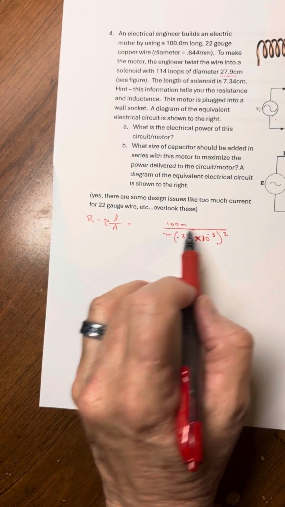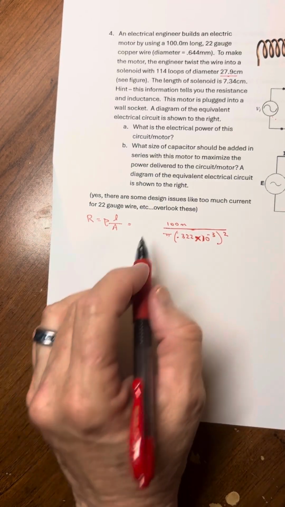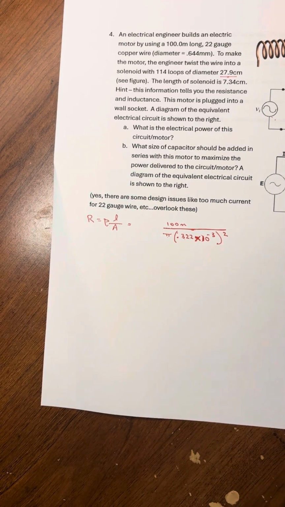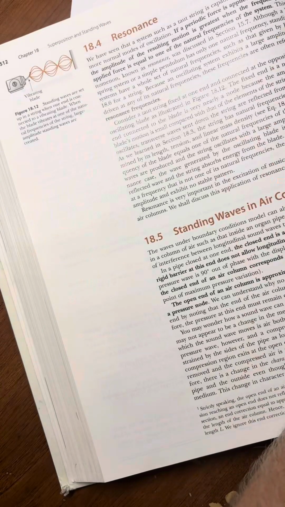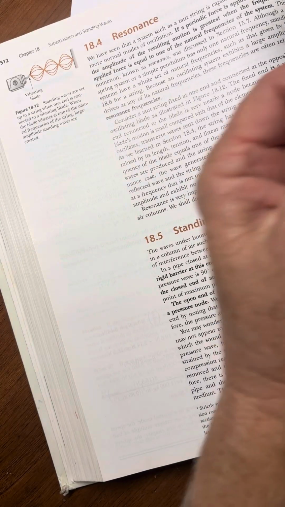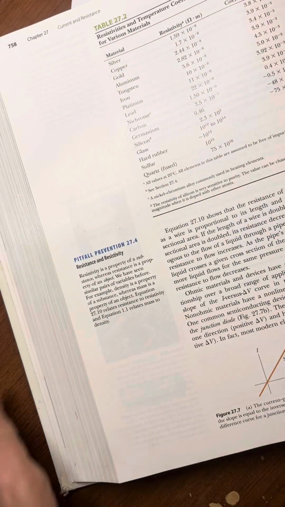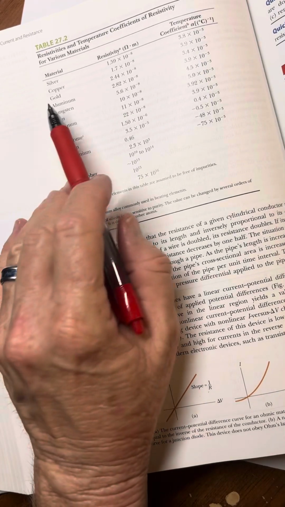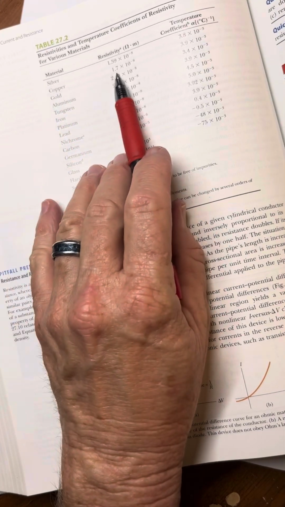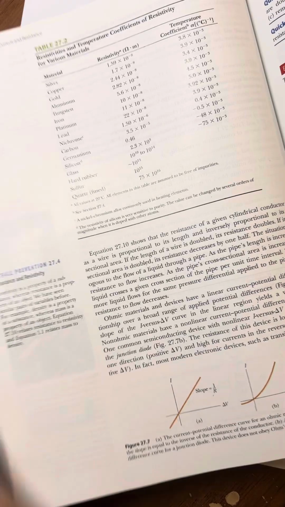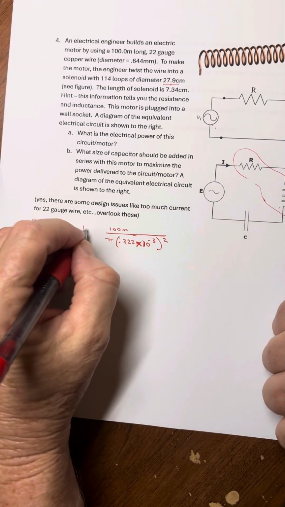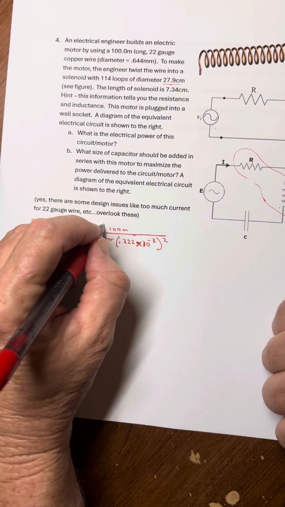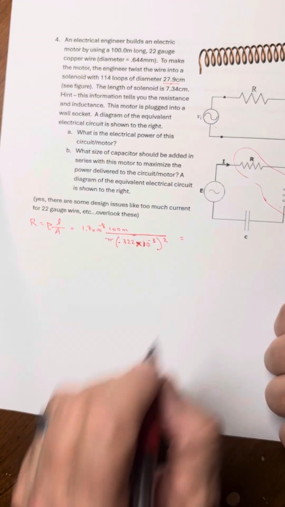Okay, so there's the length, and there's the cross-sectional area. The resistivity is where we're going to have to jump back to chapter 27. I believe it's table 2. There it is. And we'll take the copper, 1.7 times 10 to the minus 8.